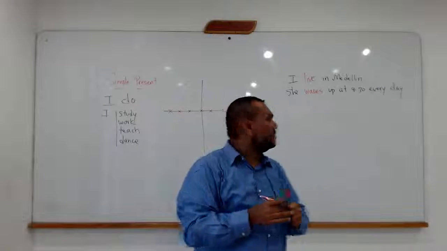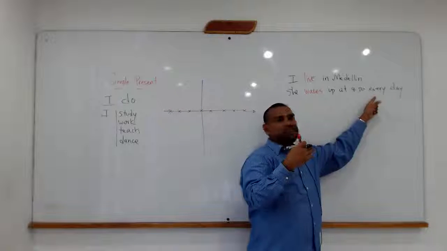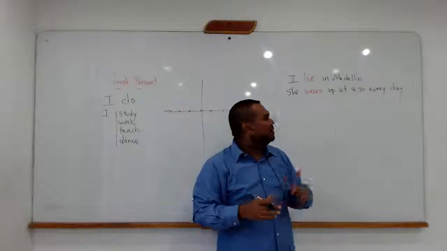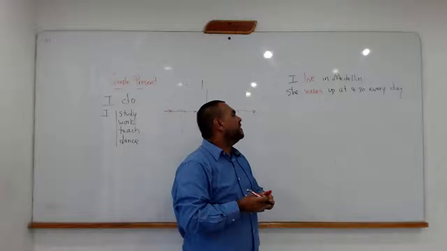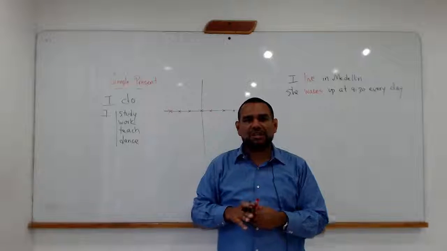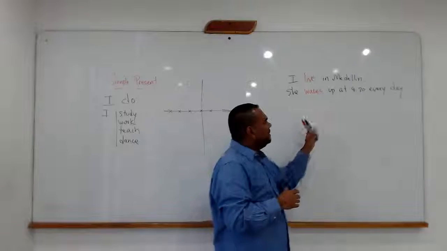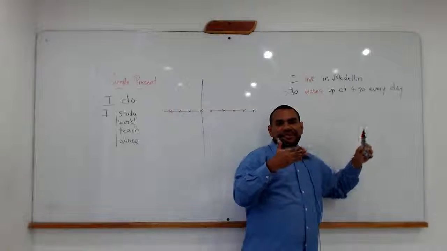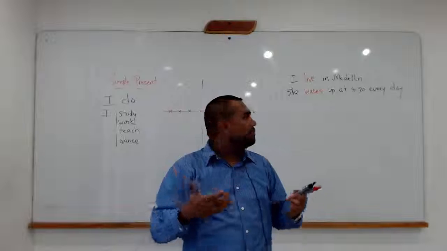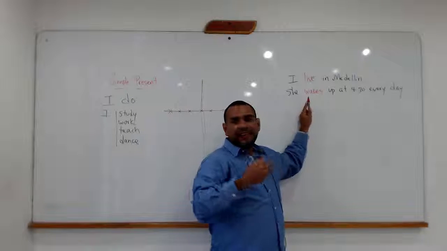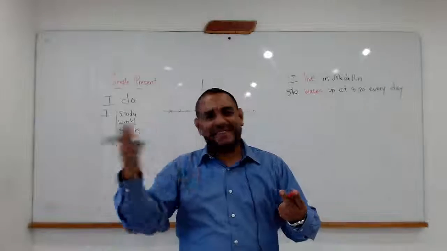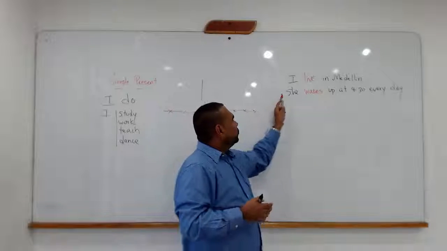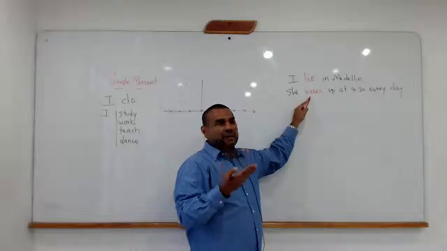Usually, but not all the time, complementary information will be shown when expressing and referring to actions in simple present. For example, every day, I mean complements like this. In this case, it refers to frequency, and it indicates that the action takes place all the time, because actually every day refers to something taking place always. So she wakes up at 4:30 every day.